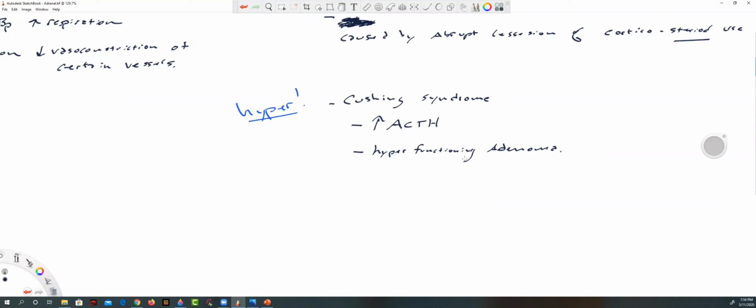So let's see, just going to put a 1 and 2 here. And then below that, in any case, either one of these can cause increased glucose.